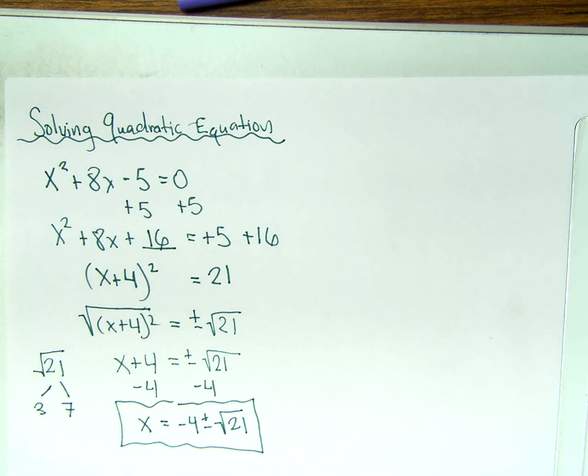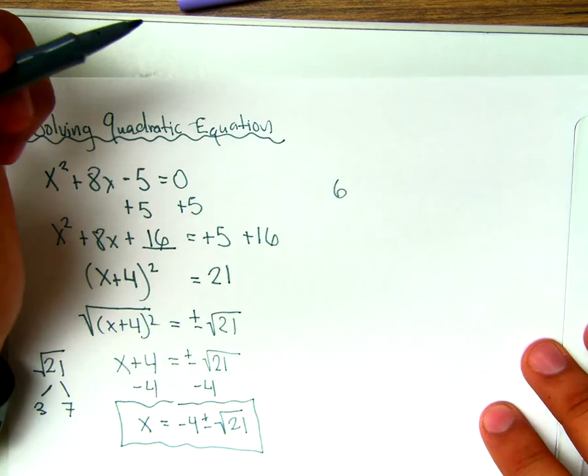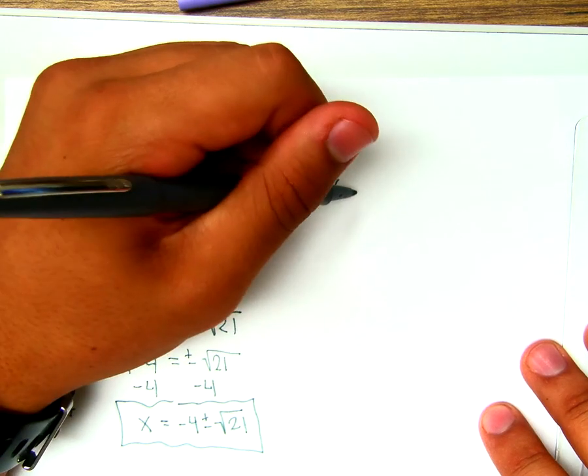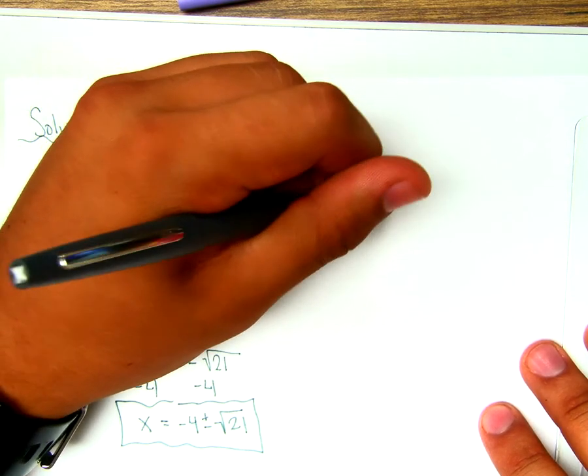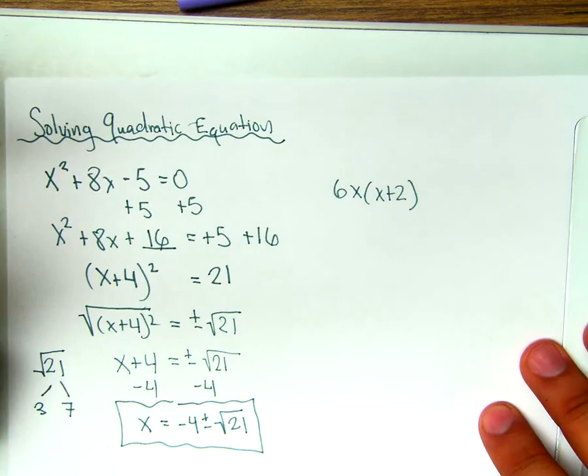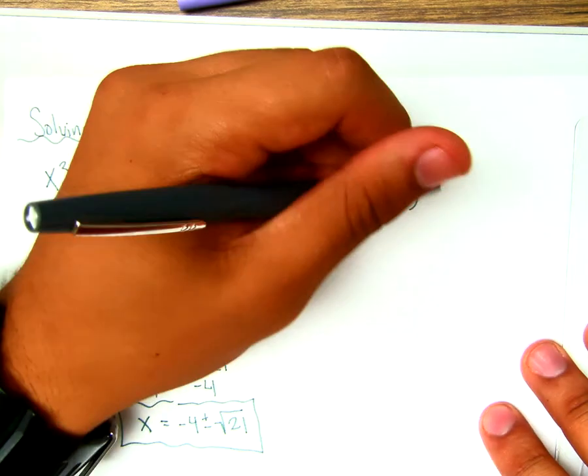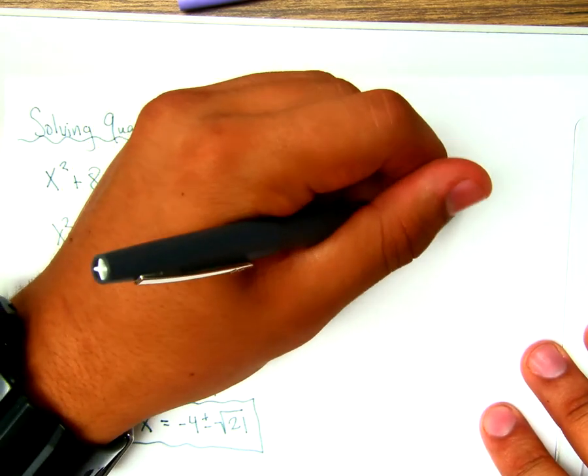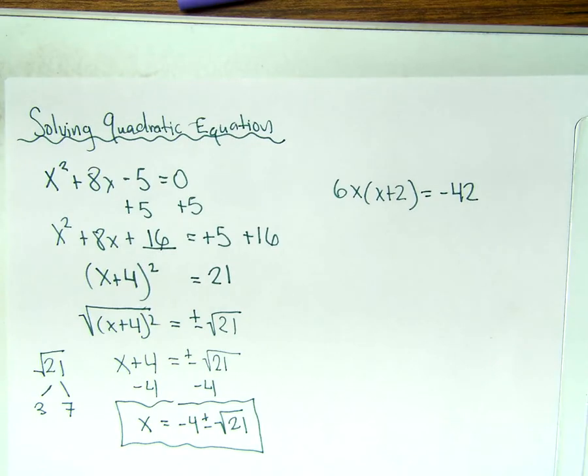So now, alright, let's do one more example for just solving equations. And then we have equals negative 42. Okay, so we have 6x times x plus 2 equals negative 42.